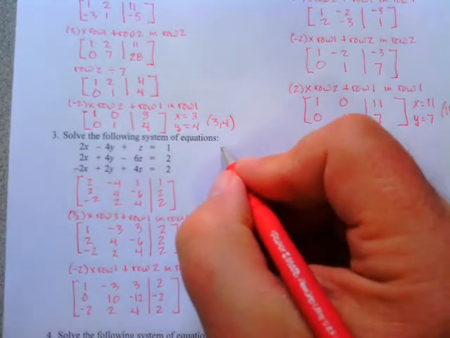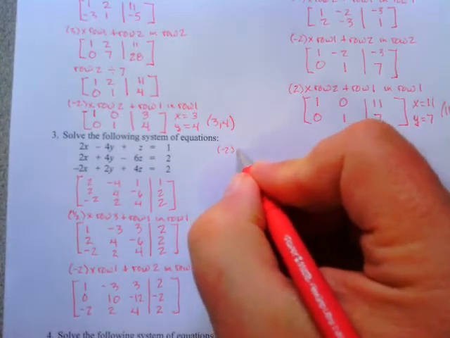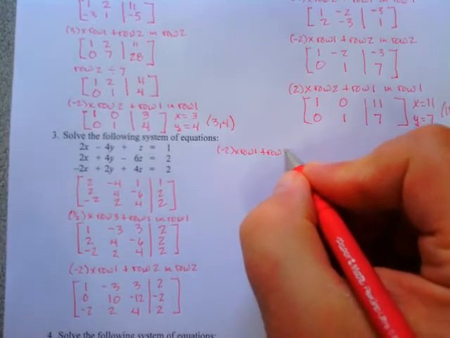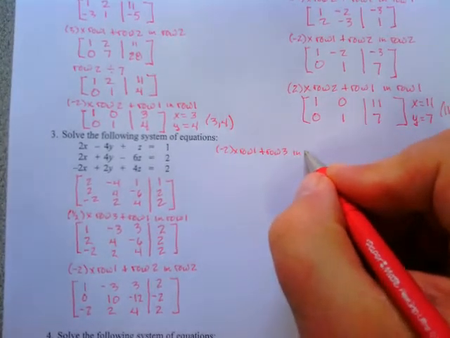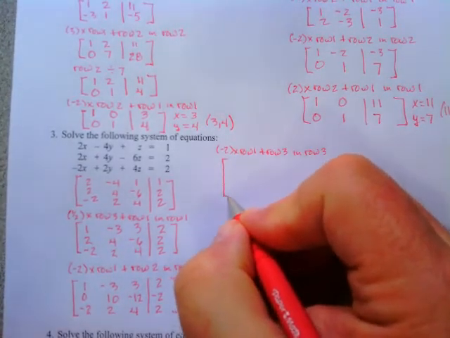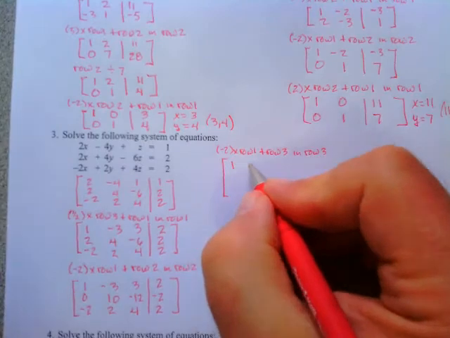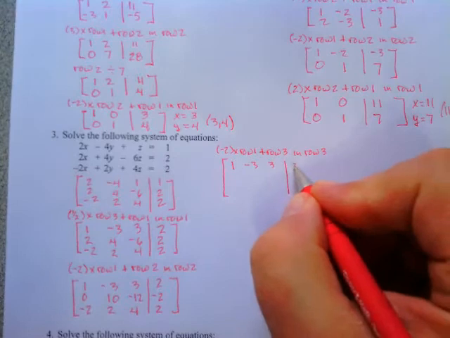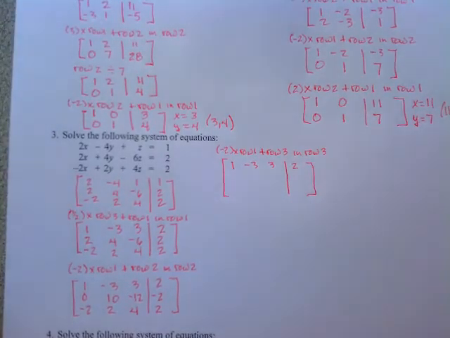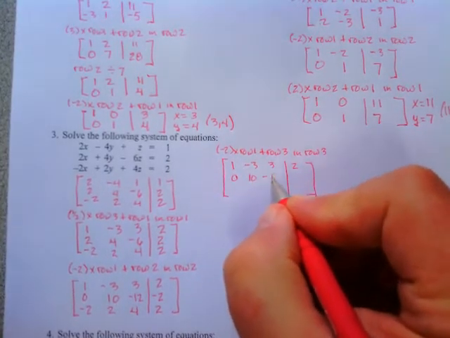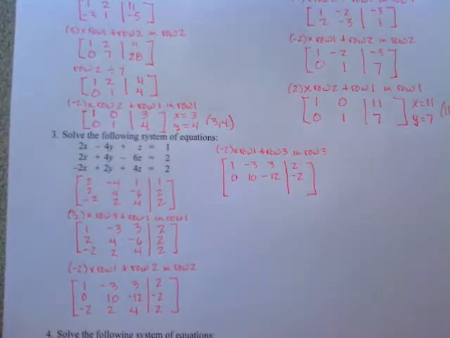Okay, now I'm going to do a similar thing. Negative 2 times row 1 plus row 3 and put that in row 3. So I'm not changing row 1, not changing row 2, changing row 3.